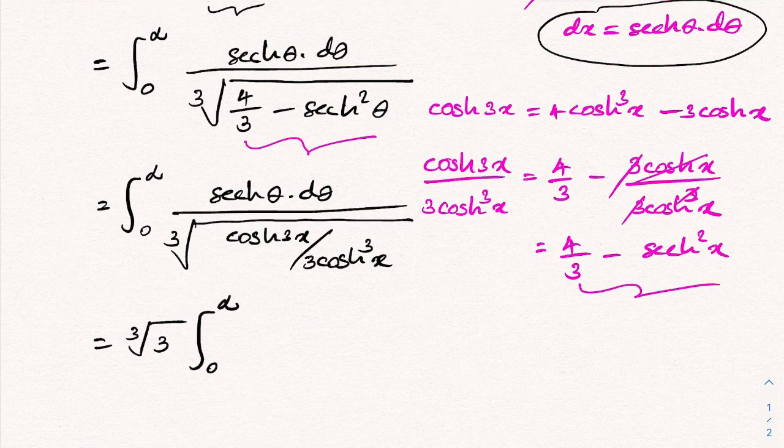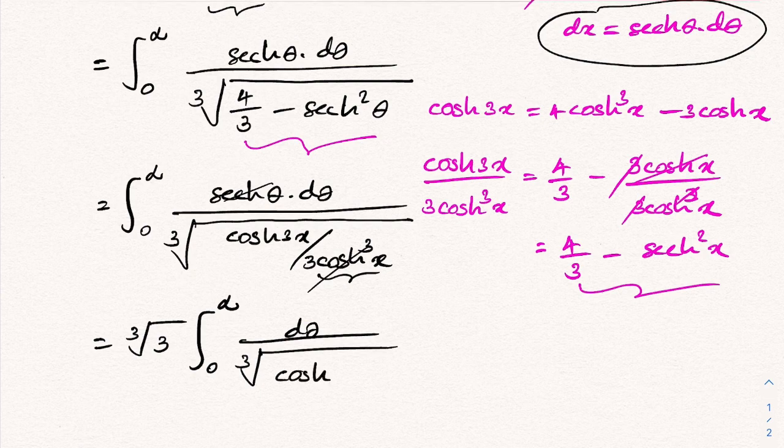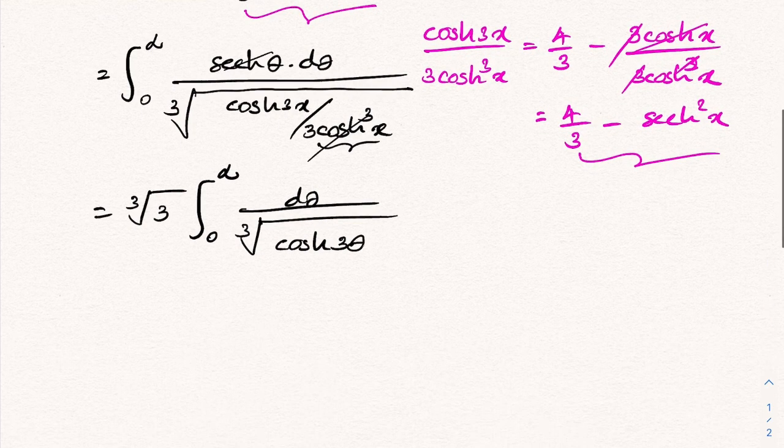The cube root of hyperbolic cosine cubed gives hyperbolic cosine of x, so 1 over it is hyperbolic secant of x. This part gets cancelled, this part also gets cancelled, so we have d theta over the cube root of hyperbolic cosine of 3 theta.